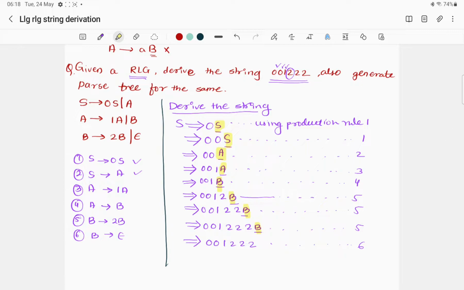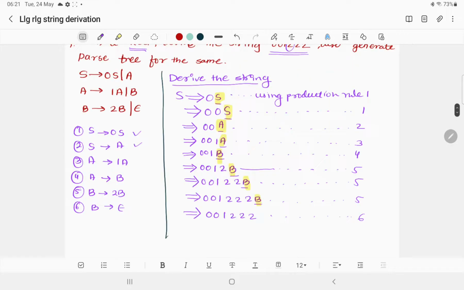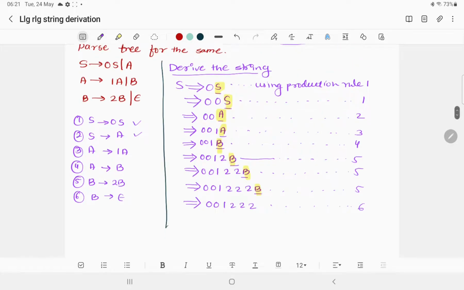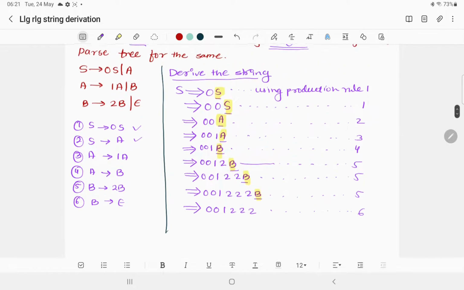Now we have done the derivation of the string. We can do the derivation of a string by this method or the other method, that is a parse tree. So let's try to generate the parse tree for this. Again for the parse tree, I will start with the start symbol first. For this grammar, we'll again start with the start symbol, that is S. Exactly the same way as we used in the derivation method.